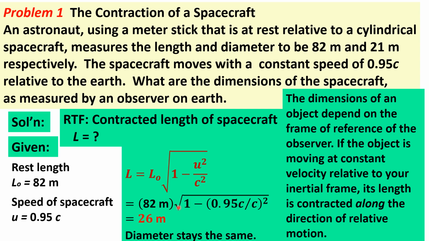That is shown by getting the value of the contracted length to be very much smaller than the proper length L naught, but the diameter stays the same, meaning the same diameter of 21 meters is observed in both frames of reference, because by definition the diameter is not along the direction of the relative motion, but rather it is perpendicular.